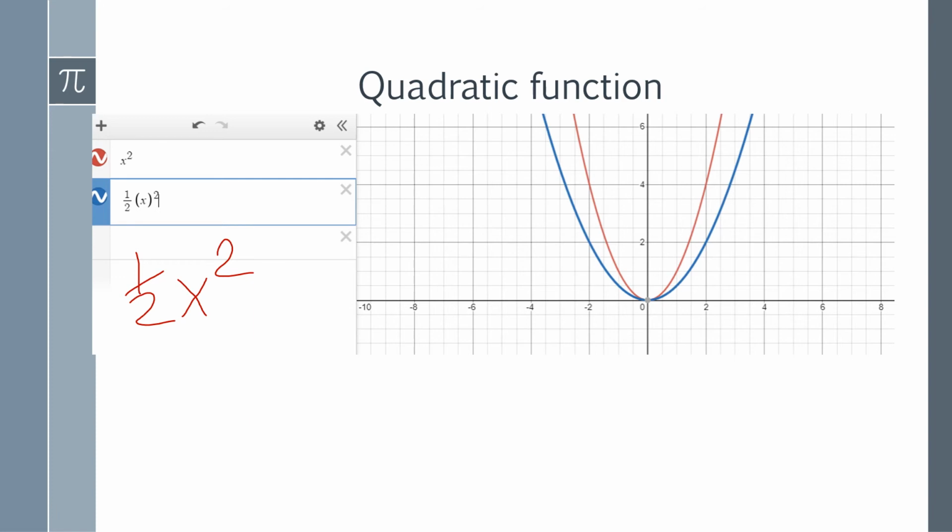So as a result, it's wider. So you could just say that. And again, look back at the previous stage that talks all about the characteristics of quadratic functions. So, what if I was to give you something like this?